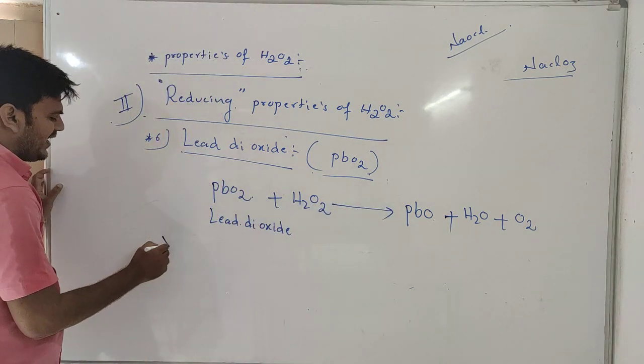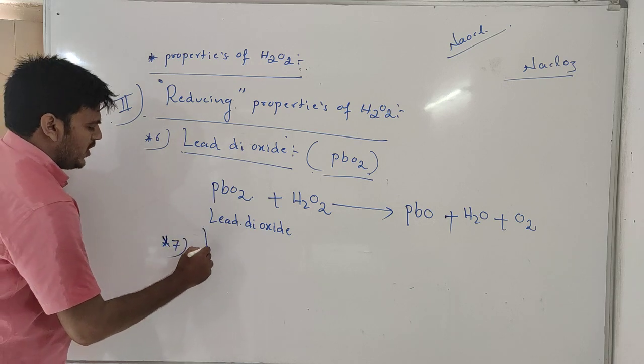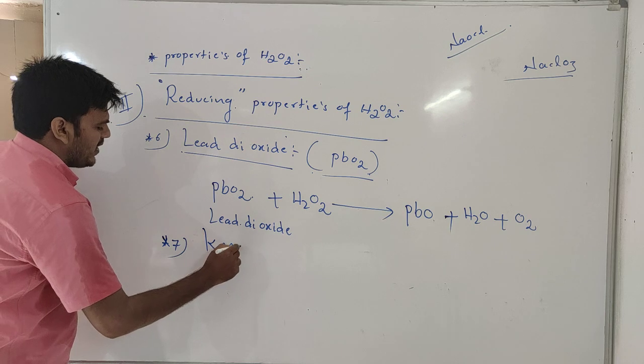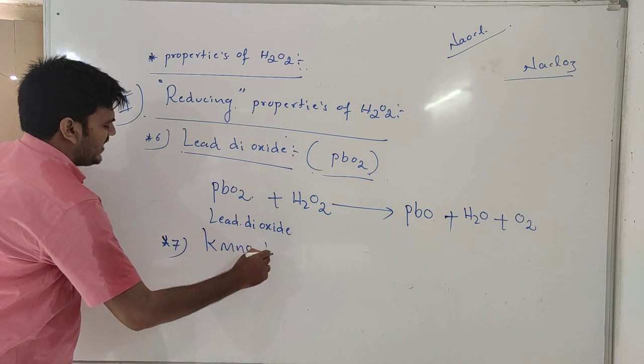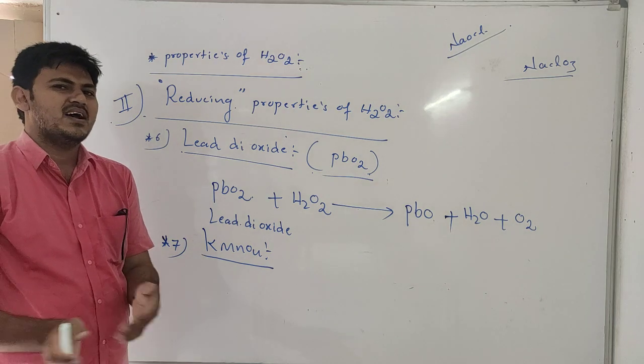And an important property: reaction with acidified potassium permanganate, formula KMnO4. Very important reaction. Acidified means in the presence of acid.